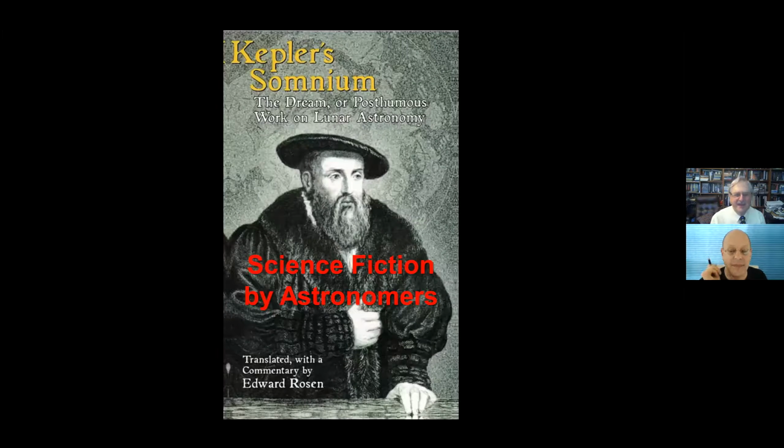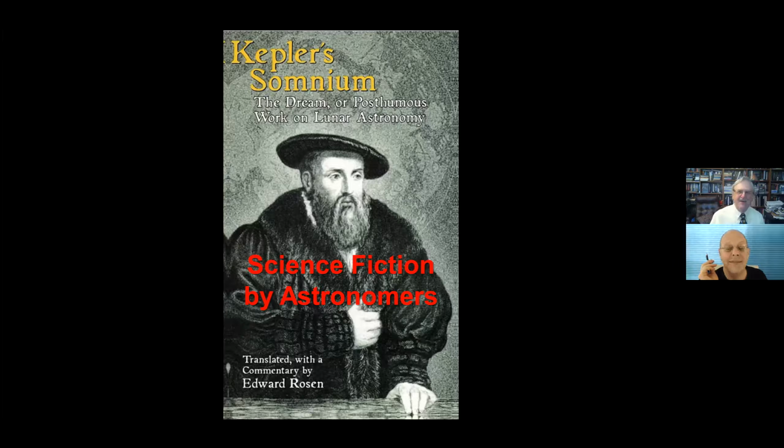Let me finish up this brief tour by talking a little bit about science fiction, written science fiction in this case. And I've been making a little study of science fiction by astronomers. Certainly the first work was Kepler's Somnium, which is more a fantasy than science fiction, but it is a story in which the protagonist gets to go to the moon and learn more about the moon.